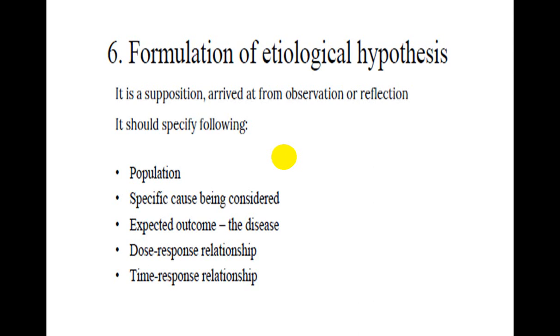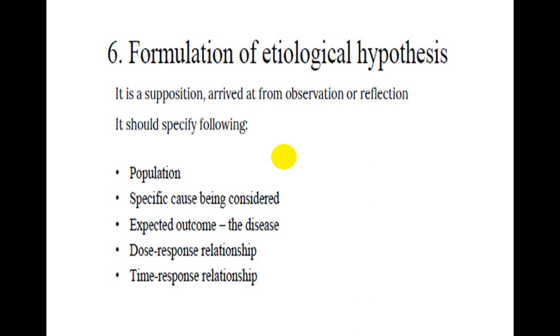An epidemiological hypothesis should specify the following. A. The population: the characteristics of the persons to whom the hypothesis applies. B. The specific cause being considered. C. The expected outcome, the disease. D. The dose-response relationship: the amount of the cause needed to lead to a stated incidence of the effect.